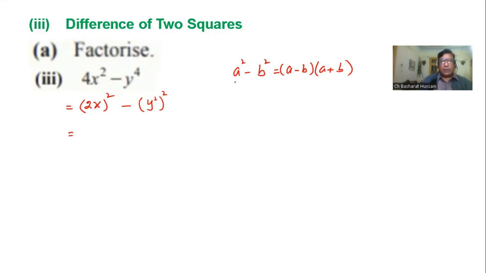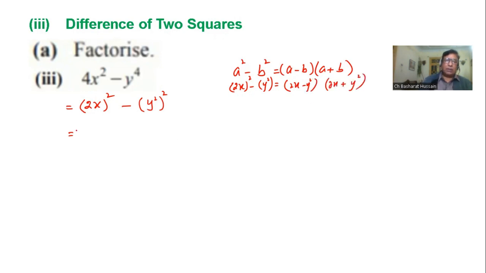Now we have two squares. Now replace a with 2x. This is minus y square, 2x plus y square.